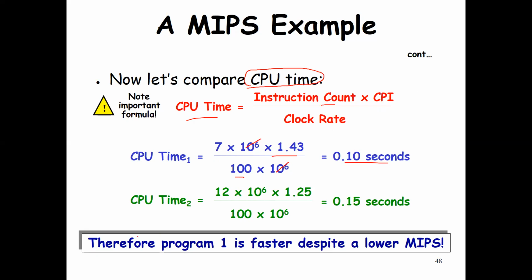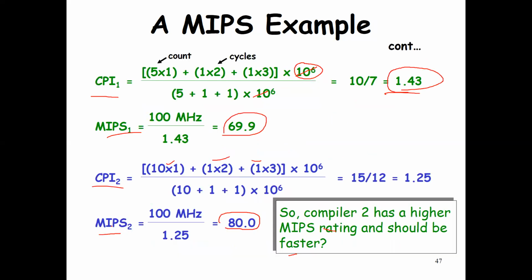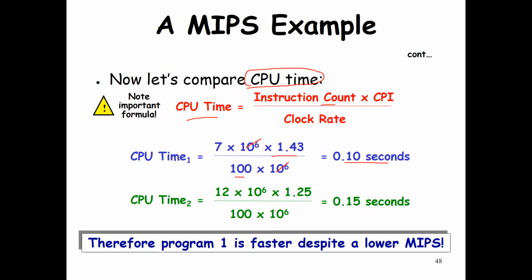For the second program, there are 10 plus 1 plus 1, so 12 instructions. 12 into 10 to the power 6 into 1.25 divided by 100 into 10 to the power 6. Again the powers cancel, and if you calculate, you will get 0.15 seconds.